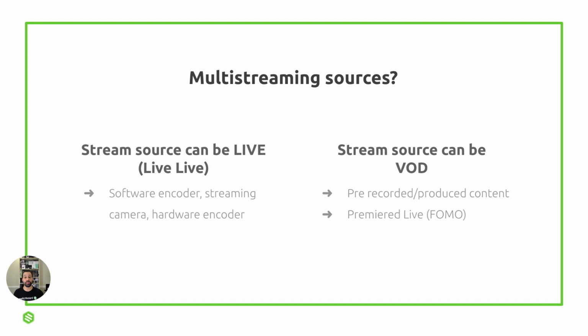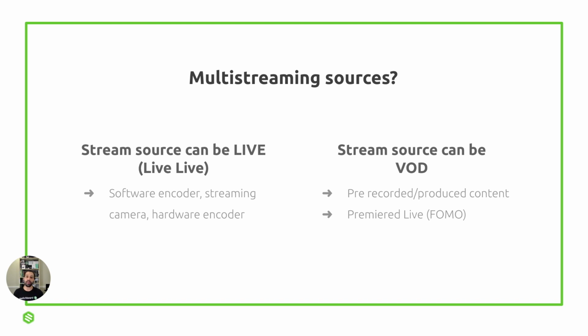And that's truly live. But some people may want to pre-package it, to control the brand, the narrative, the content, and so forth. You can take that piece of content, sometimes called a VOD, and stream it.